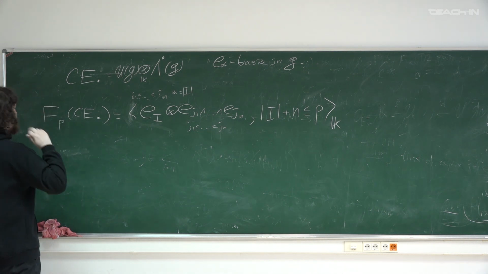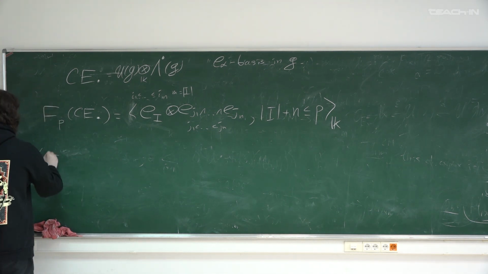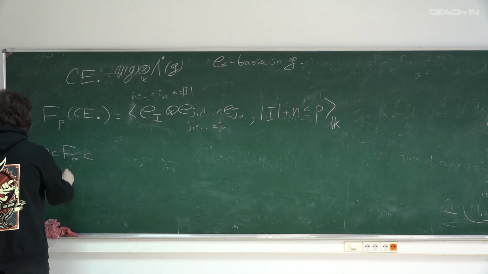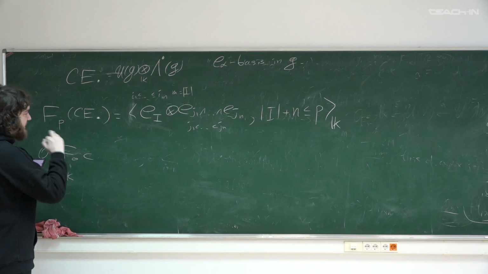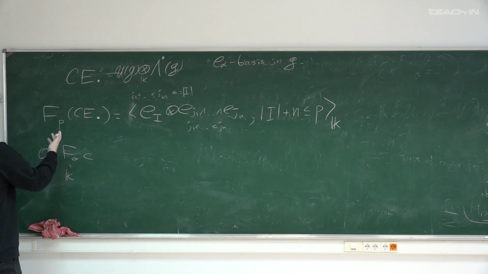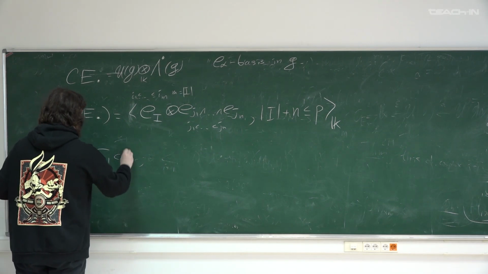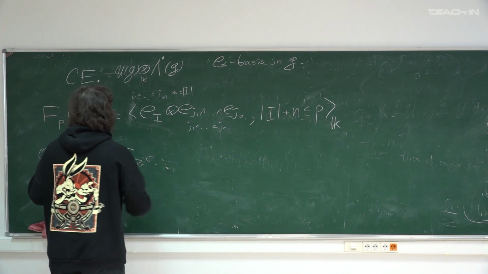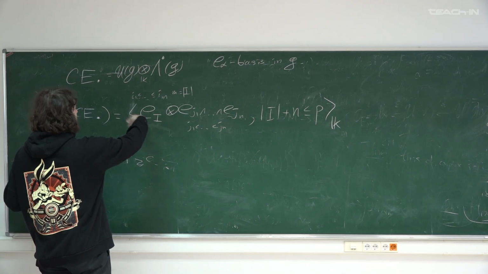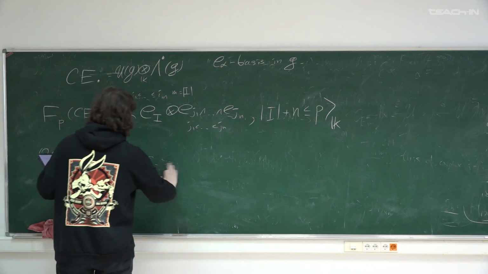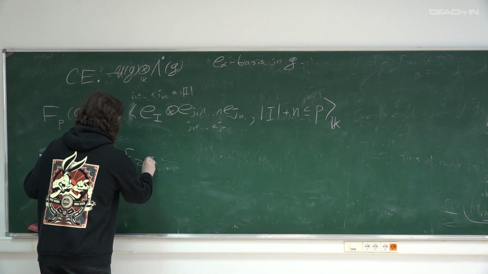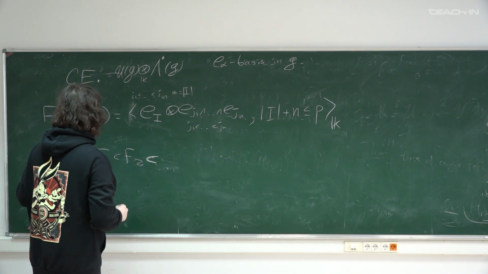Of course, it's an increasing filtration, and we have F_0, which is in fact K. It's generated by words of length 0, just the vector space generated by the unit. Then F_1, F_2, and so on. In general it's infinite, because in the universal enveloping algebra we have arbitrarily large monomials.